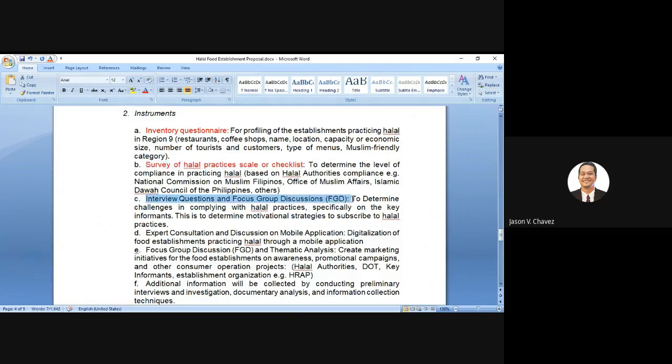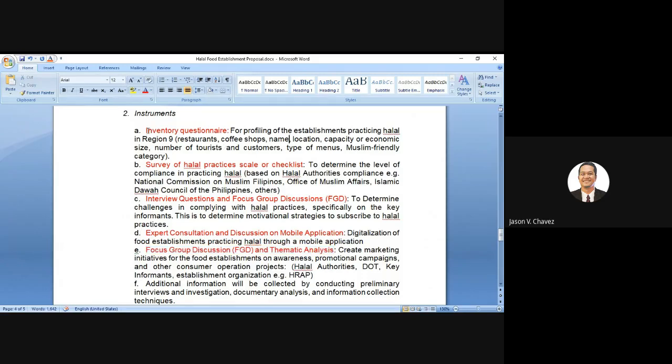Of course, you need to have a title of your instrument to be properly labeled. If you notice, the things that I'm highlighting in red font are the instruments based on the objectives. So you can present your instrument, or write your methodology in the aspect of instrument, using this format.